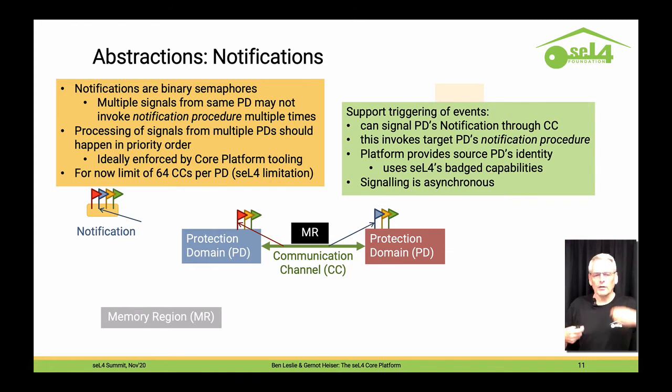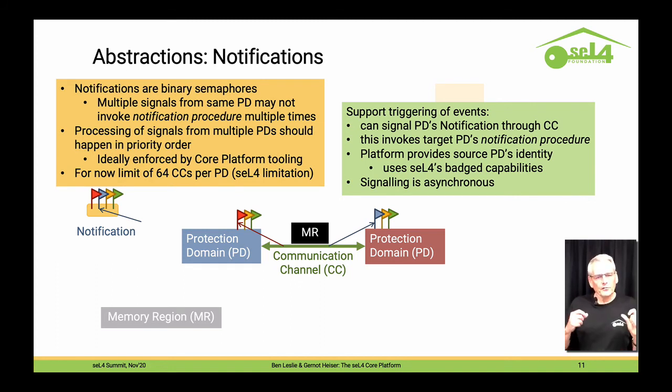Each of these will cause one invocation of the notification procedure, once for every sender of the notification. The order in which these get processed should be the priority order of the protection domain sending them. Of course, if they are at the same priority, then that doesn't necessarily imply a strict order, although underneath there will be a fixed order implied, depending on how the batch bits are allocated.